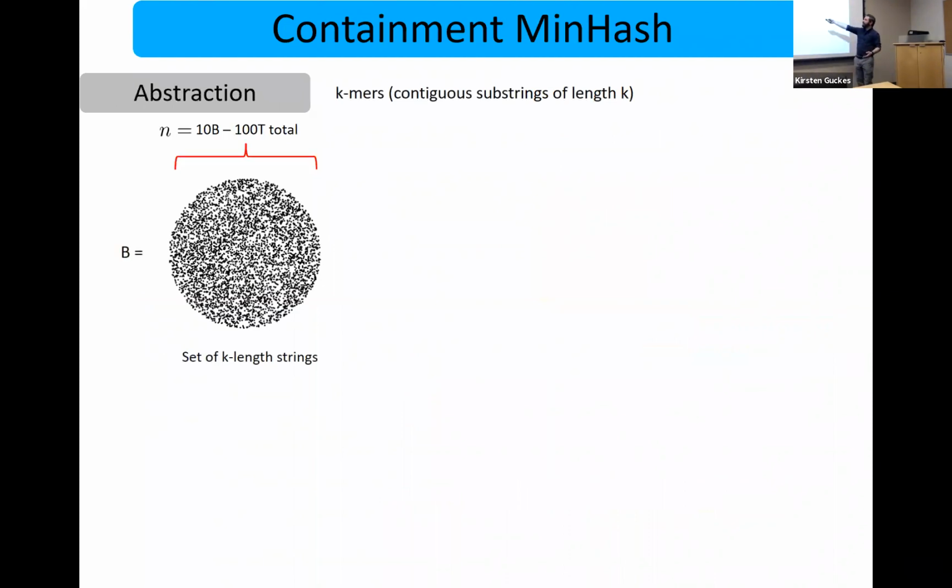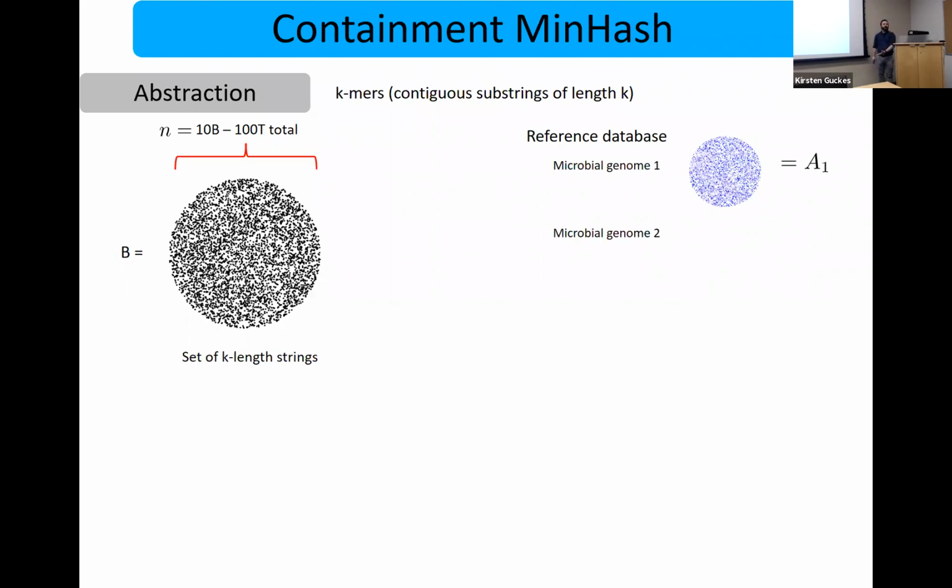This could be billions to trillions of k-mers, depending on your k-mer size, how big and diverse your sample is, etc. And we have a reference database. I take each one of my genomes, I compute all the k-mers in each one of those, and I give that a name, some other set, like A1, and I do that for every single one of my reference genomes. All 265,000 of them.